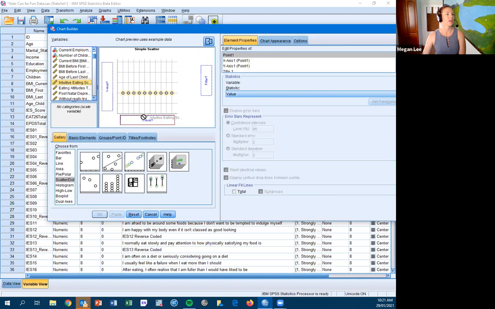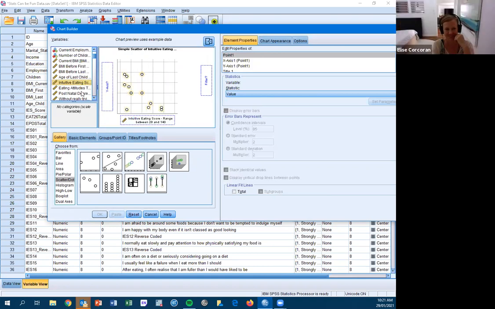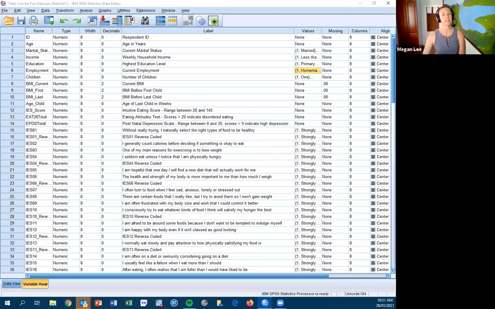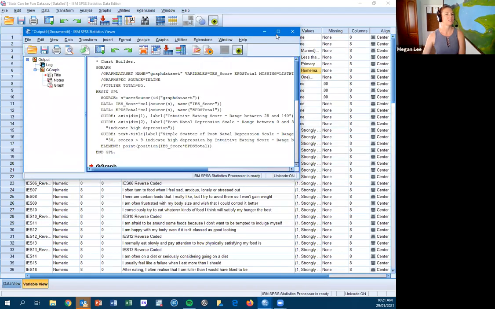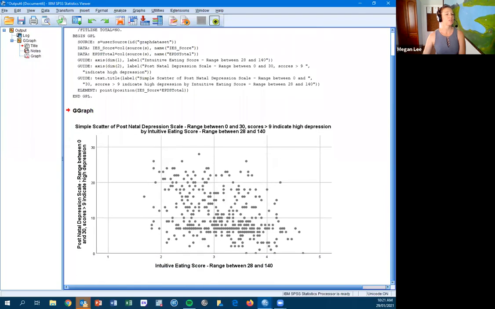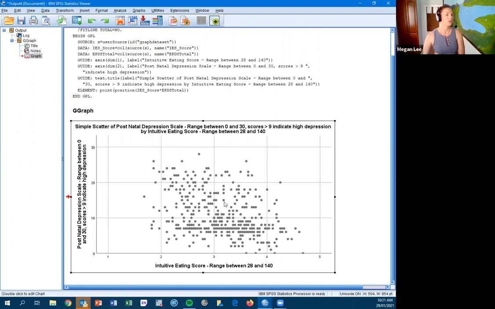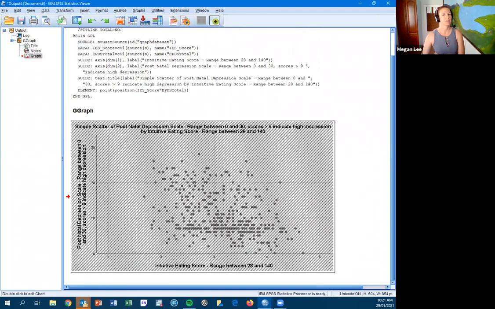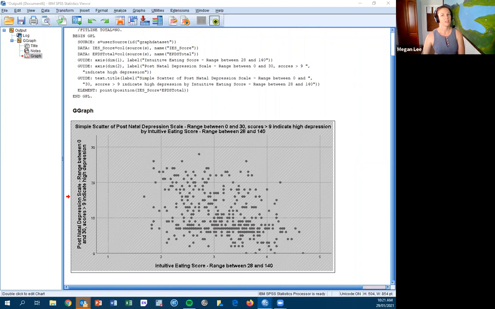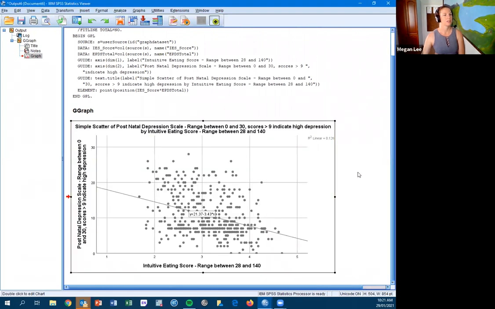IV on the X, you reckon? I think so, but don't quote me on it. DV on the Y. Let's see what it looks like when we do that. Yeah, it's still negative. That's actually much better. If we put the linear line through it, yeah.